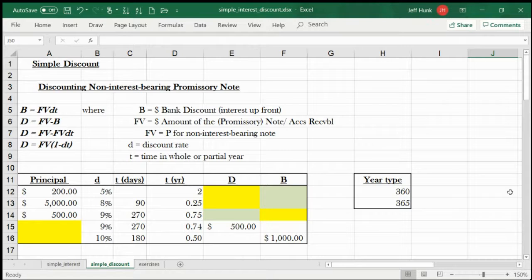But I also gave you a caveat that that was only for practice purposes.